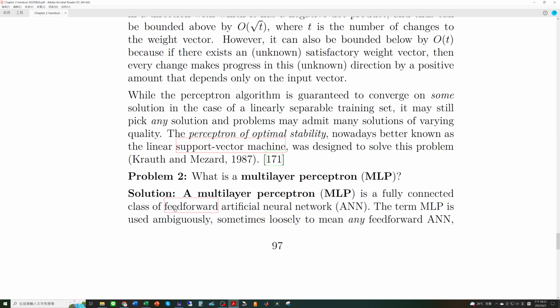We will introduce the meaning of feed-forward later. The term MLP is used ambiguously, sometimes loosely to mean any feed-forward ANN.